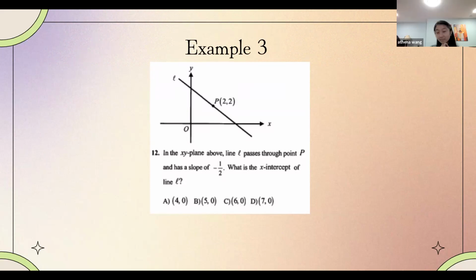Okay. Yes, all of you guys who gave it to me in the chat, you got it right. So the answer is C.